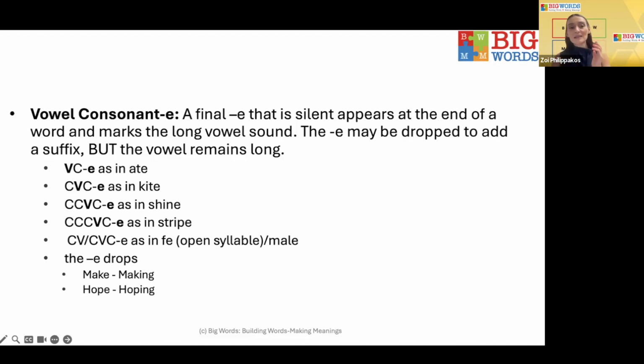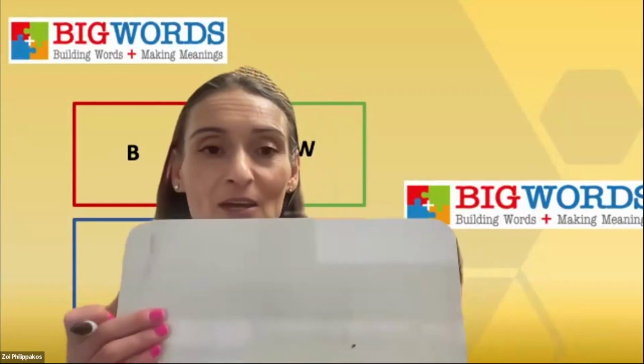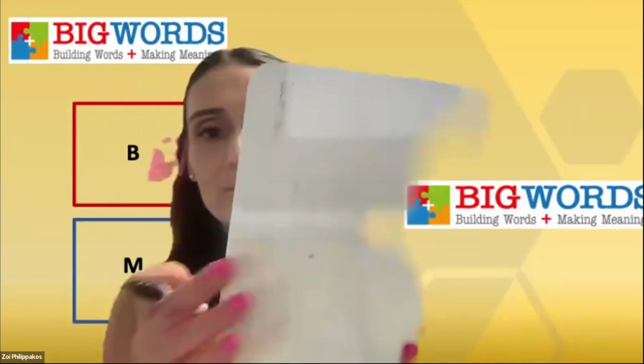And when the E will drop, as I mentioned earlier, the vowel sound remains long. That is important to know, especially as we're trying to teach students how to retain the vowel sound when they are working with adding suffixes. So for instance, I may have this word.